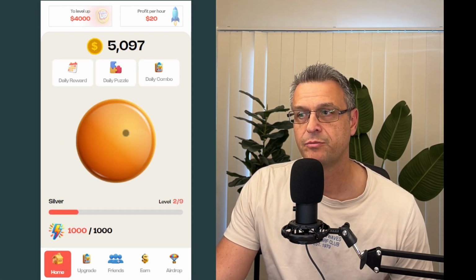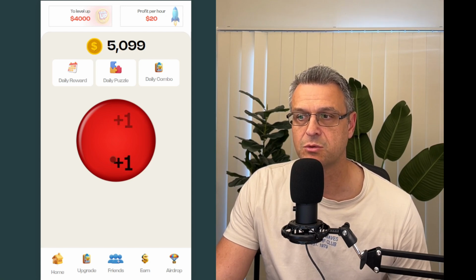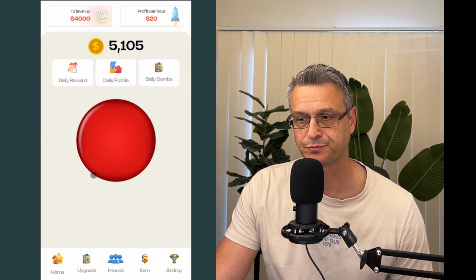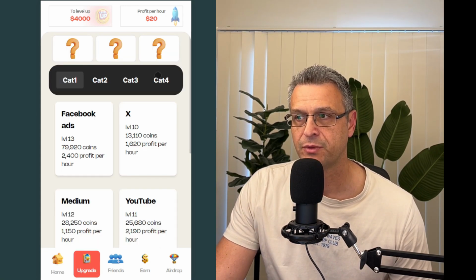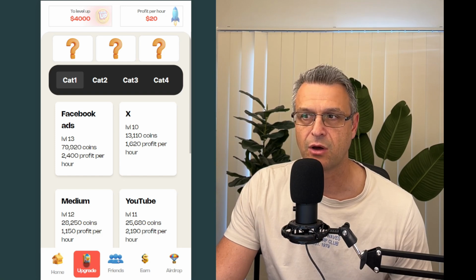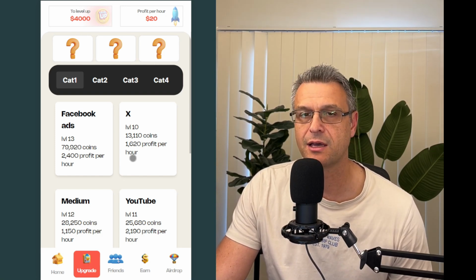Back to home. Daily puzzles. This is like the cipher, a puzzle that you would have to solve on a daily basis. The daily combo takes you to the upgrade menu item, which has the three cards.